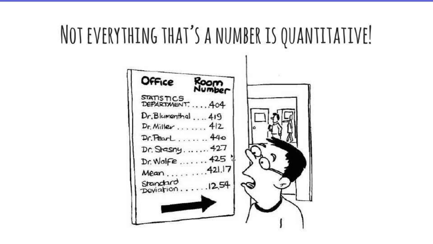The answer would be no, because the room numbers are just identifiers. Another good example is your social security number. If we got 12 people in the room and took the average of their social security numbers, it wouldn't really tell us anything about that group of people, because the numbers are just used to identify them. So a good rule is to ask yourself, would it make sense to take an average of these numbers? If it does not, then your data is probably qualitative even though it contains numbers.